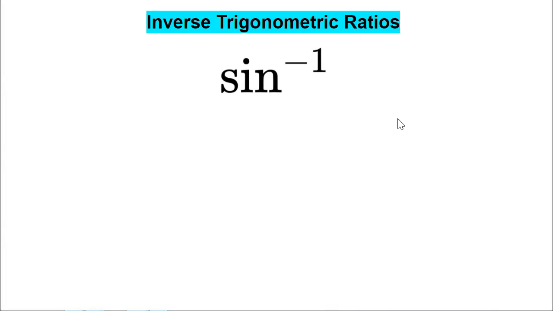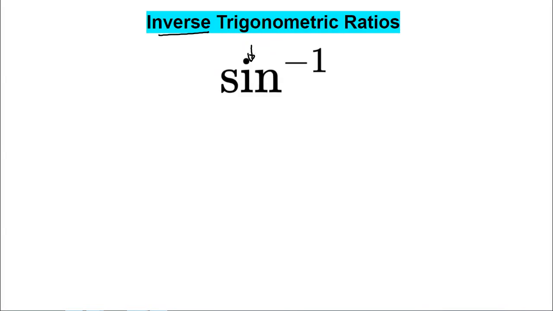The first one is sine inverse of our ratio. Sine inverse is basically the step backwards of taking the sine of an angle measurement. The way we write this is not as an exponent of -1, but it states that it's the inverse of sine. So sine inverse and then our ratio.